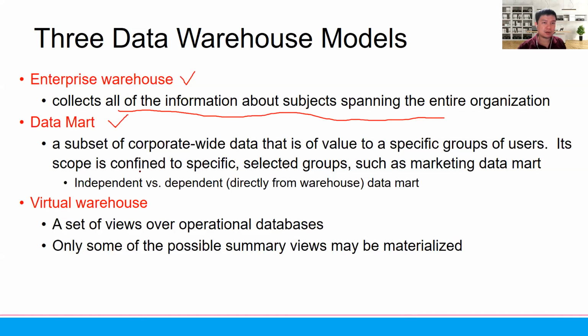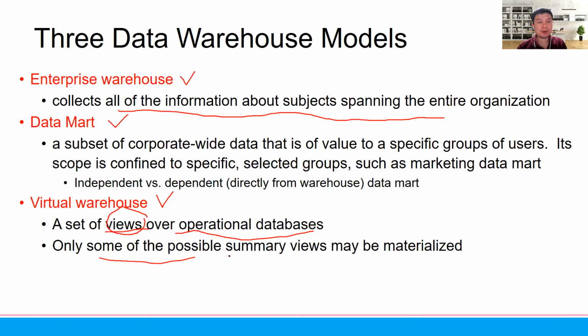The other kind of data warehouse model is the virtual warehouse. If you learn databases, you will not create a new data warehouse, but you can just create views. A view in the database means you select the data, put it into one query, and then make a new view. That's what we usually call a view.